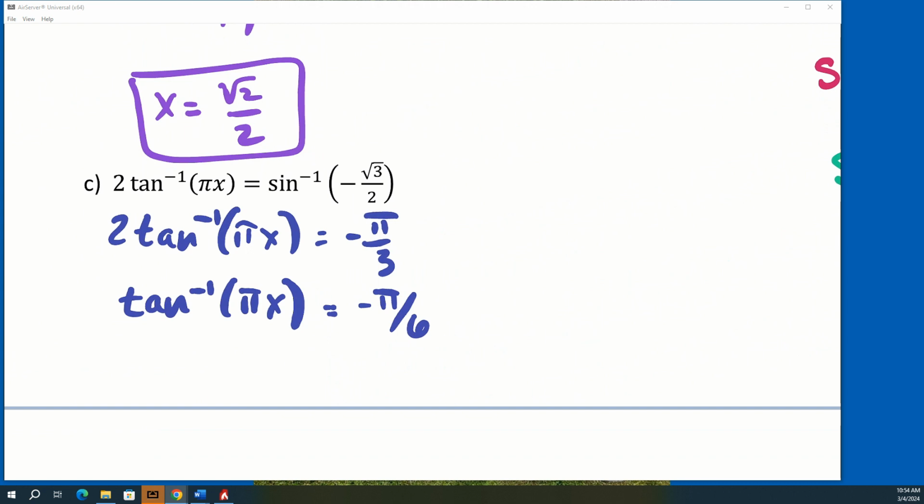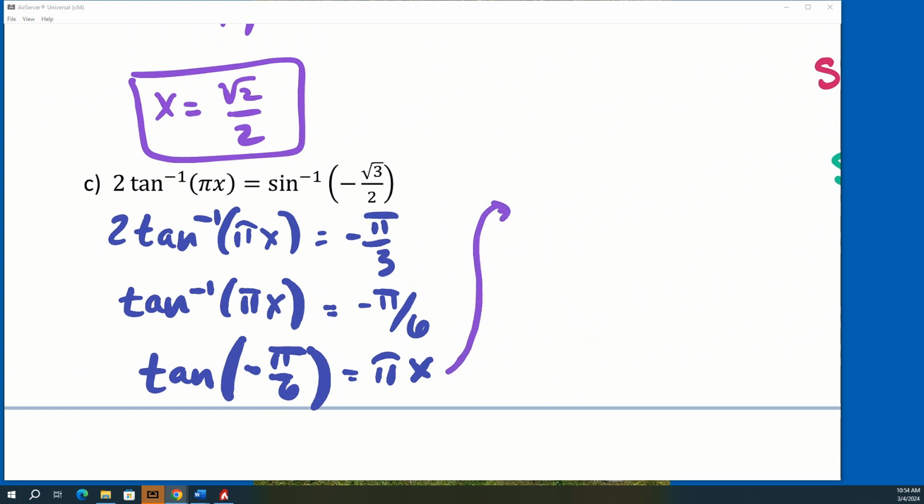Right, and then this is going to be slightly different. When we write this as a tangent equation, instead of just equaling x here, it's going to equal pi x. And then we can figure out what the tangent of negative pi over 6 is, or it's going to be the same as the tangent of 11 pi over 6.